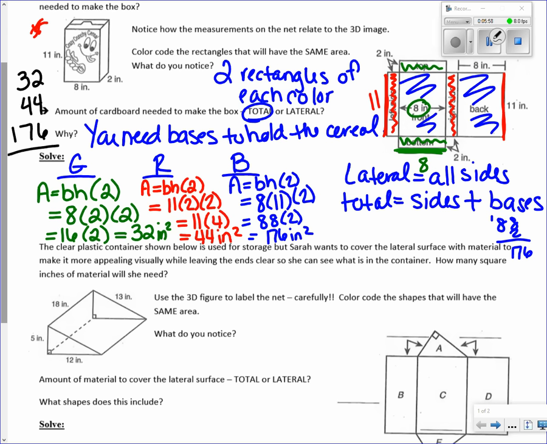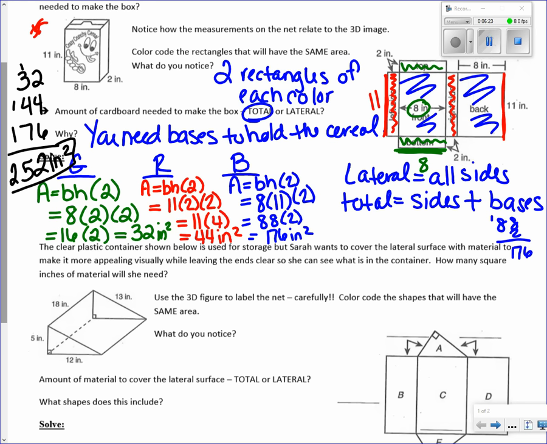So I have 6, so that's 12. Carry the 1, 7, 14, 15. Carry the 2, 1. So 252 inches squared is going to be your final answer for this problem. That is how much cardboard it takes to unfold this 3D shape and make the entire piece covered.